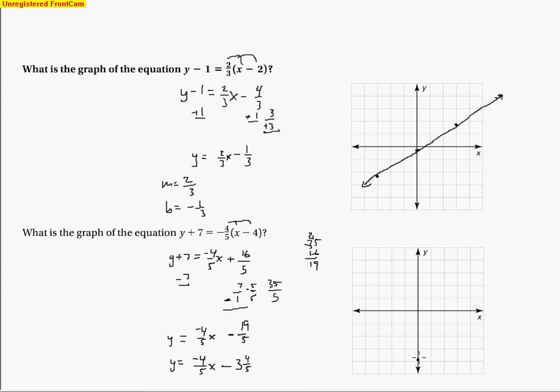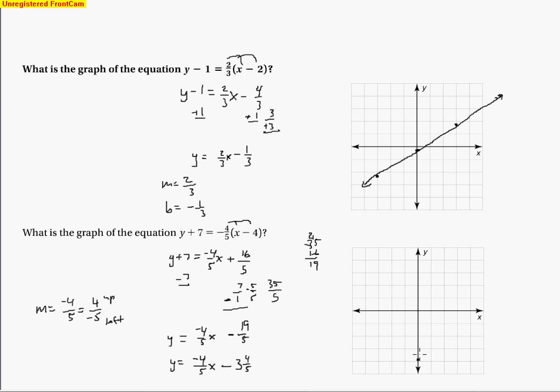And then I'm going to follow the slope. So it says down 4, but I can't go down 4, so I'm going to do the opposite. So again, the slope of that line is negative 4 to 5. But that's the same thing as saying positive 4 to negative 5, and that's the one I'm going to use. So that tells me to go up and then left, so that way I can fit it on my graph.